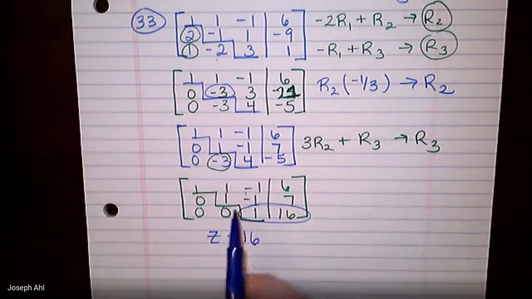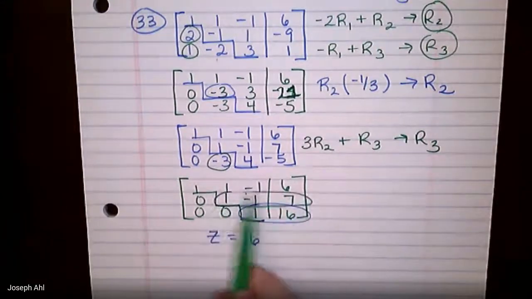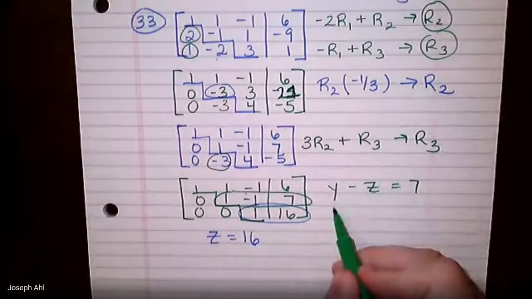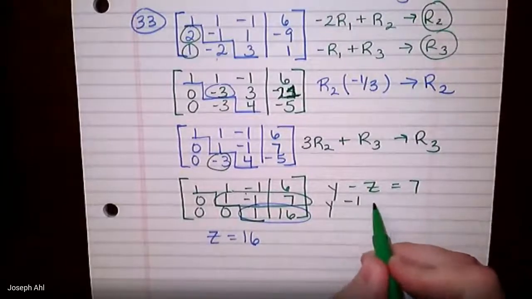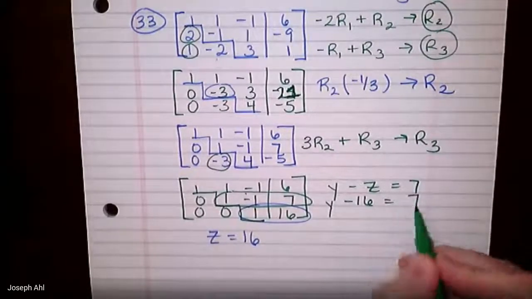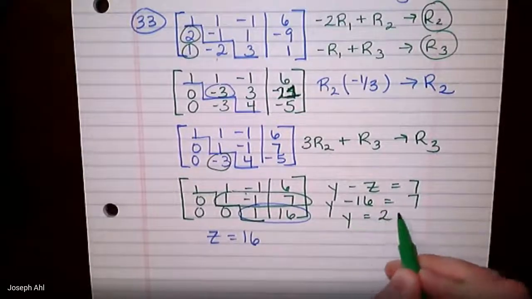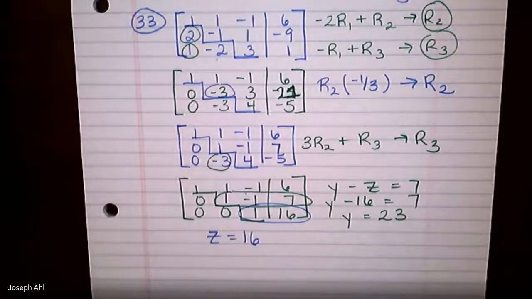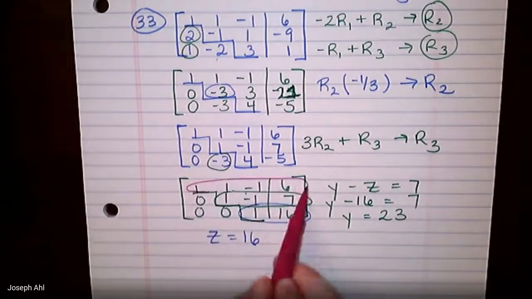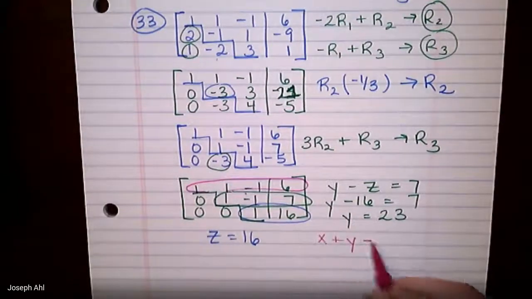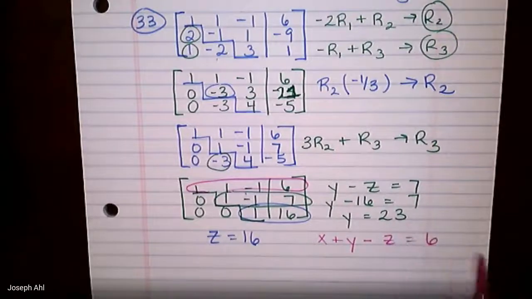All right, go back and back substitute now. So if z is 16, go to the second row. And it would say y minus z equals 7. So if y minus 16 equals 7, that means that y equals 23 if I add the 16 over. And finally, if you go back up to the very top row here, all right, we've got x plus y minus z is equal to 6.